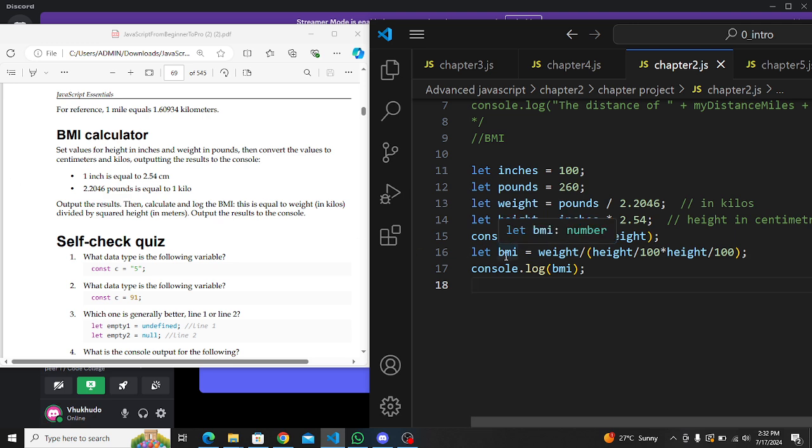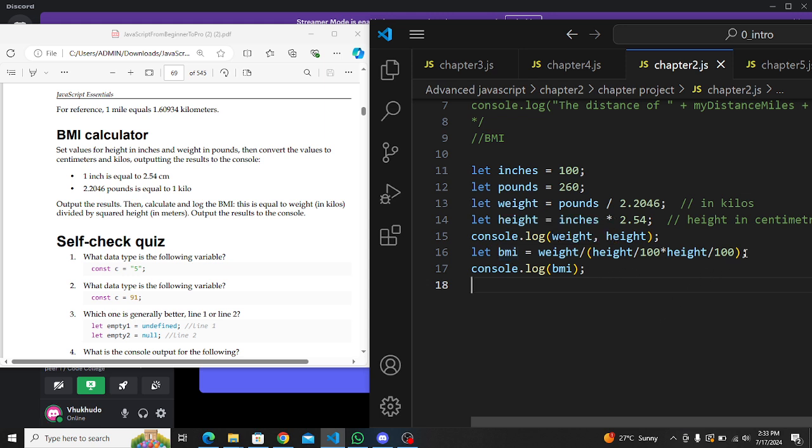BMI equals the weight, and then we're gonna divide by height divided by 100 multiplied by height divided by 100, which, using a shortcut, we can just say height divided by 100 squared. Does that make sense? Yeah, it makes sense. And then we're gonna console the BMI so we can get the answer.